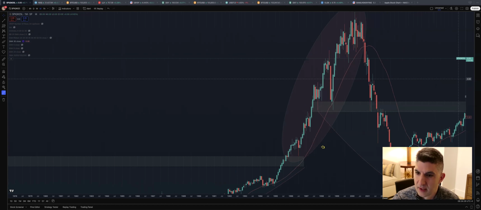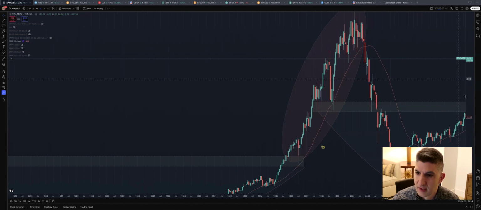I think Druckenmiller, or one of the famous fund managers, said they were shorting tech stocks here and lost billions of dollars. The idea wasn't wrong. Let's say you went short here, back in 1998 after this massive move. And by the way, this is where we are right now. We just retested and we're having a power month off the retest, in my opinion.